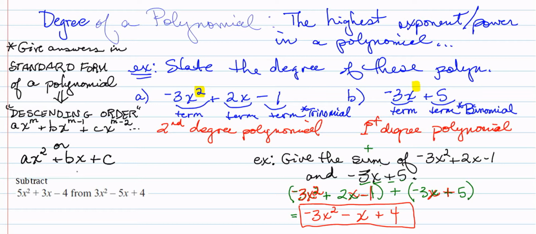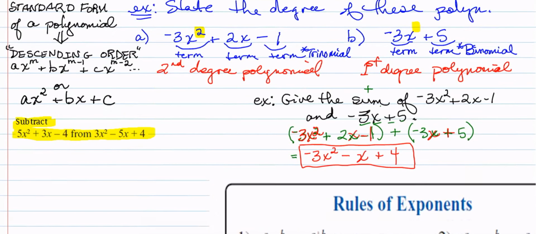At any rate, let's subtract these two. Let's go to the problem down below where I just wrote that. Let's subtract 5x squared plus 3x minus 4 from 3x squared minus 5x plus 4. Let's give a little room so we can work.